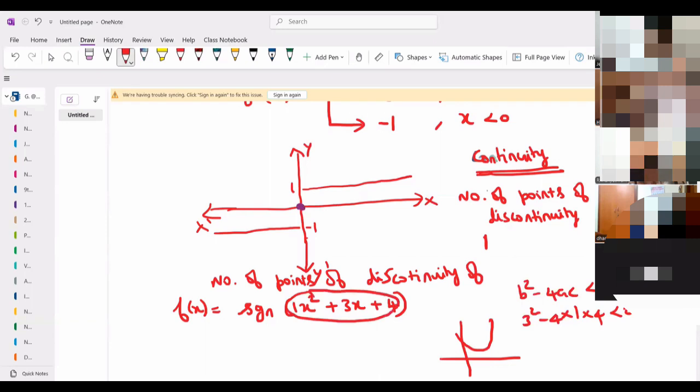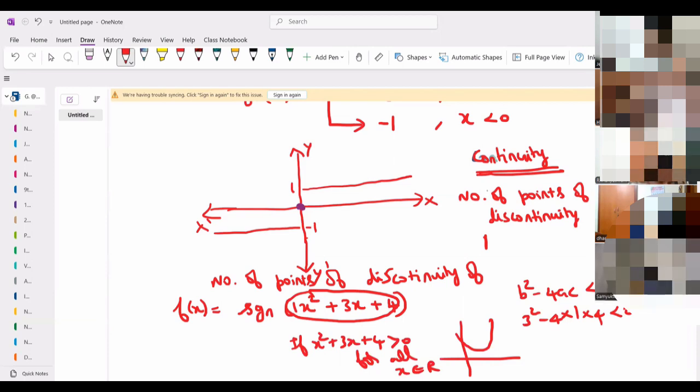If x square plus 3x plus 4 is always going to be positive for all real values of x, then why would the signum function give you discontinuity? If it is always positive, then signum will always give you the answer as 1, no.